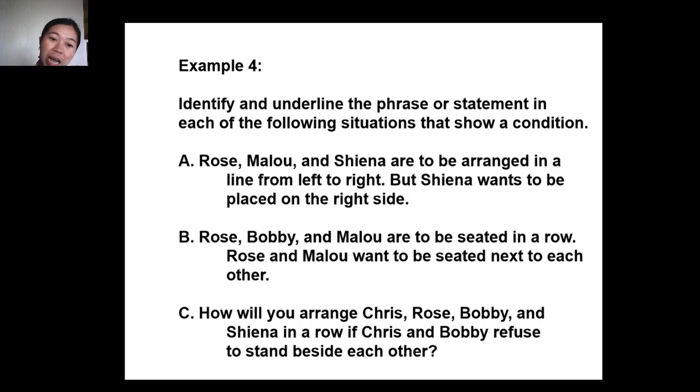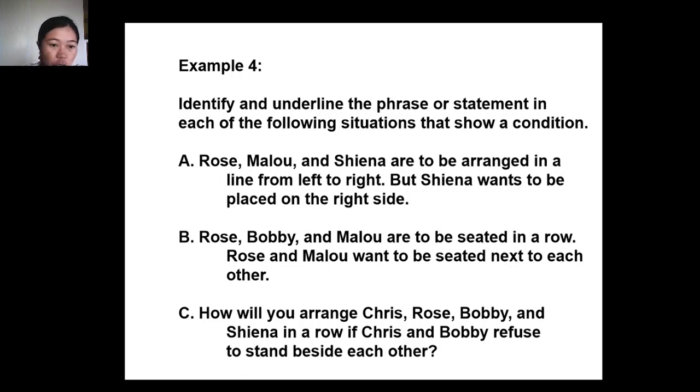Gusto lagi ni Sheena, kapag in-arrange yung tatlo from left to right, siya ay laging nasa right side. So that is the given condition. May request si Sheena. For letter B, Rose, Bobby, and Malu are to be seated in a row. Rose and Malu want to be seated next to each other.